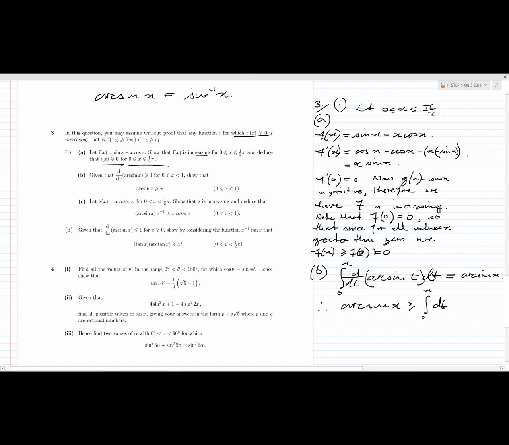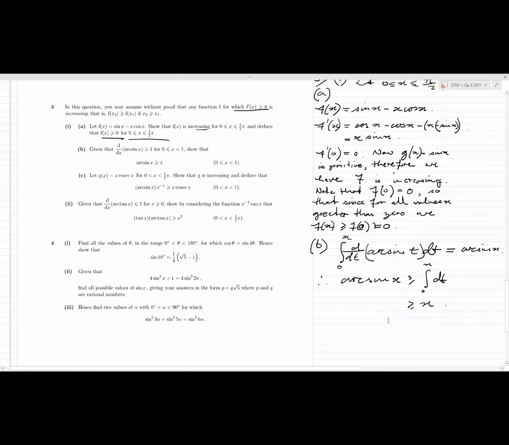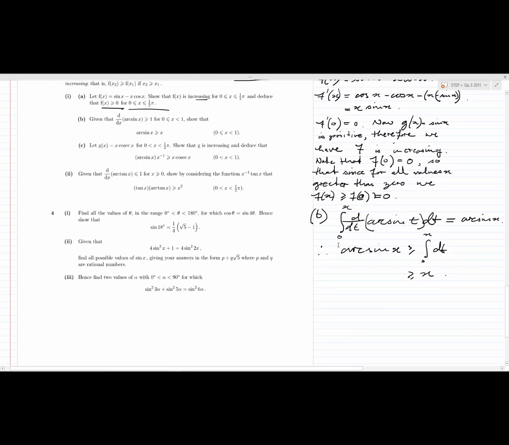When we do this integral, we'll get that this is greater or equal to x. So the trick here is to spot that if you take a derivative and you integrate it from 0 to x, then that undoes the differentiation, and you actually just end up with the function evaluated at x.